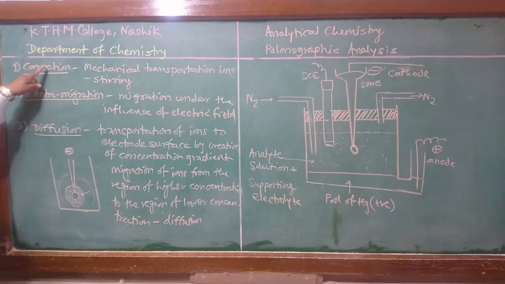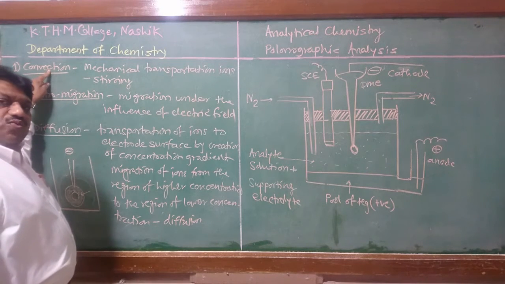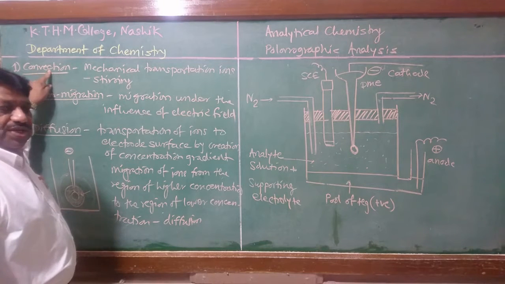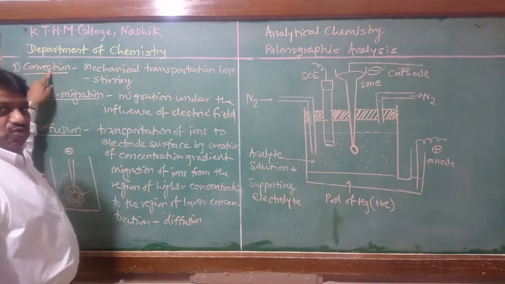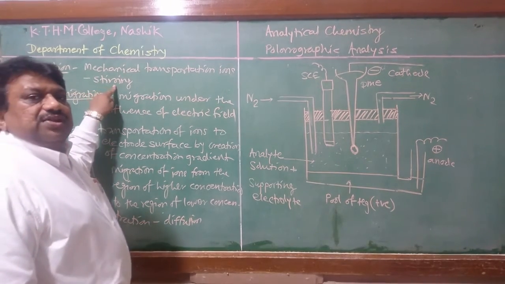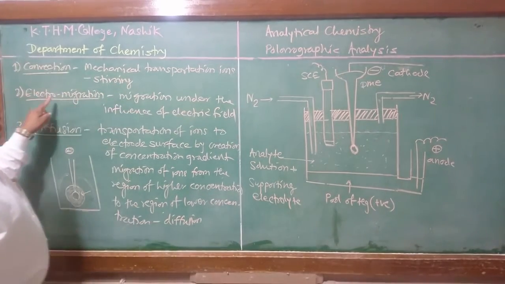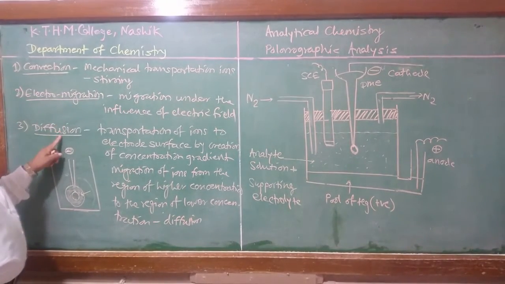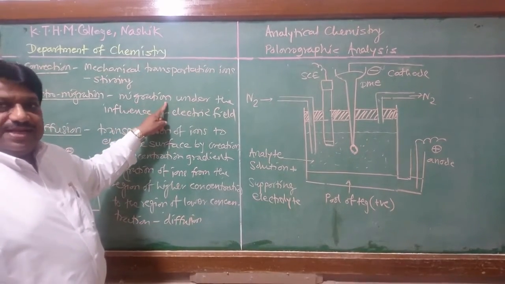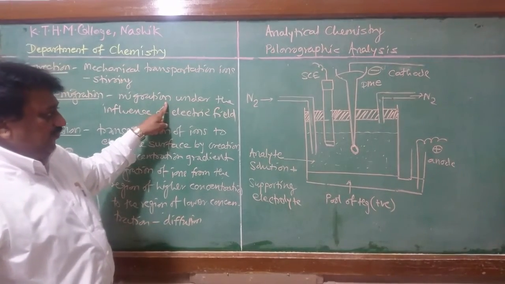But in polarographic analysis, convection is not possible because we perform the analysis in a quiescent, that is, an unstirred analyte solution. Electromigration and diffusion are the two phenomena possible in polarographic analysis for transportation of ions to the DME electrode.